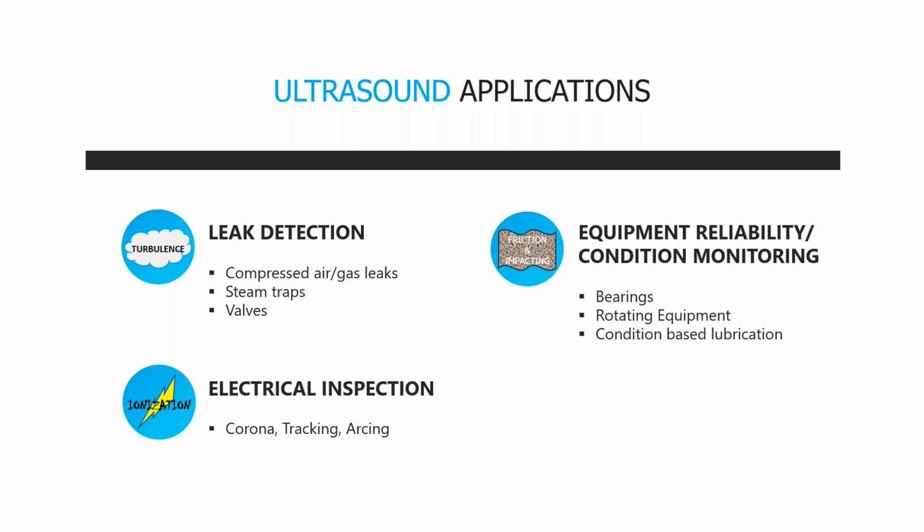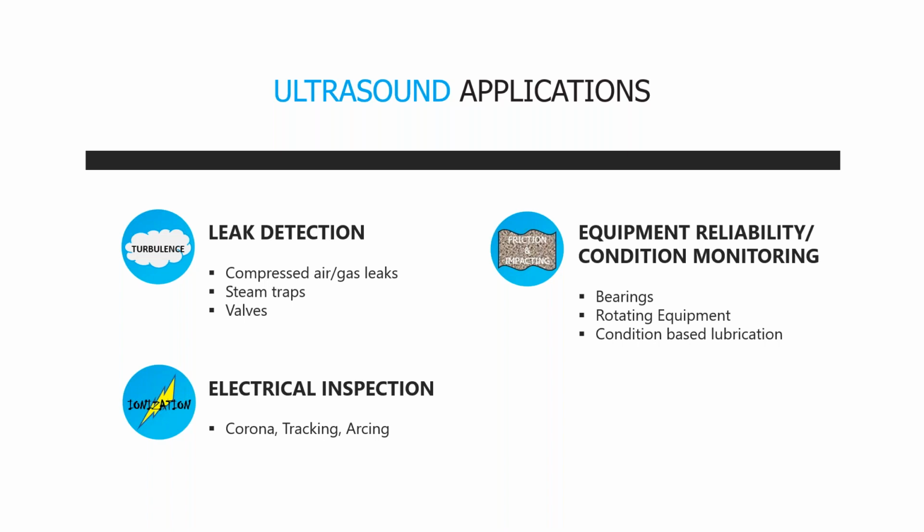And then with equipment reliability and condition monitoring, we're primarily listening for friction and impacting. One of the applications we're going to talk about is condition-based bearing lubrication, and that directly relates to friction. And then impacting, primarily with slow-speed bearings. And again, it's where we see a lot of people using ultrasound and vibration together. If you already have existing vibration routes, but you're not currently using vibration on slow-speed bearings, ultrasound is a perfect fit for that, because it's super easy to do.